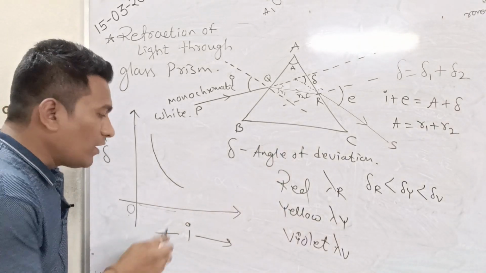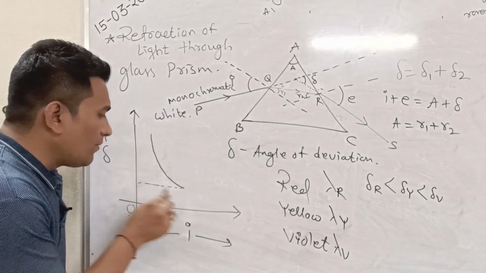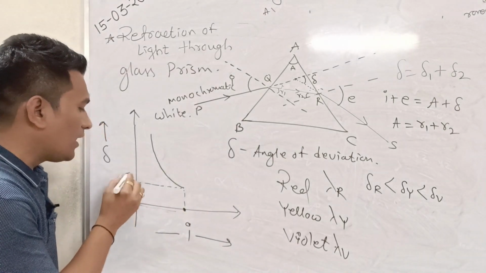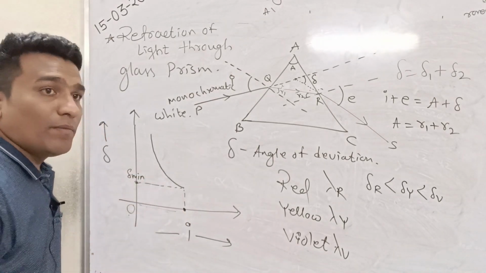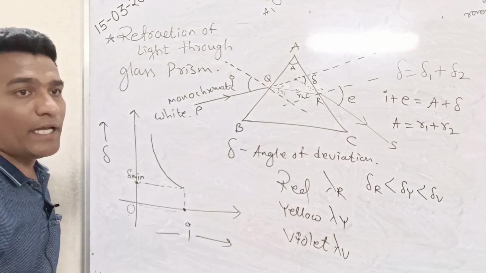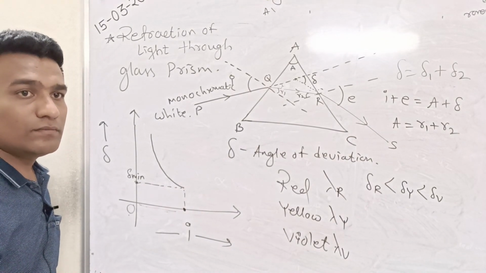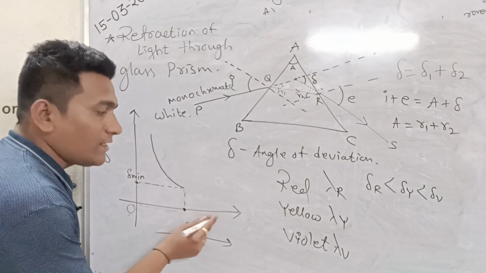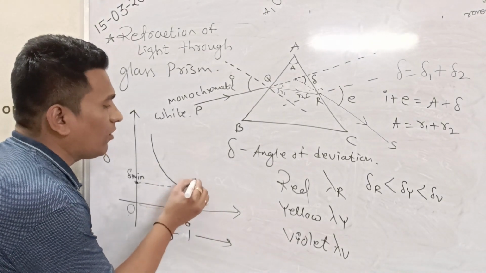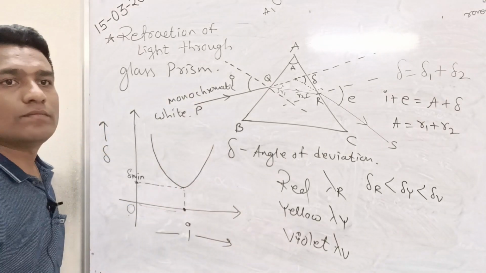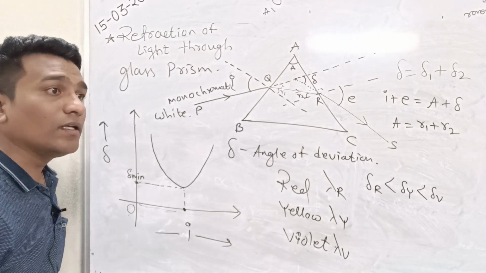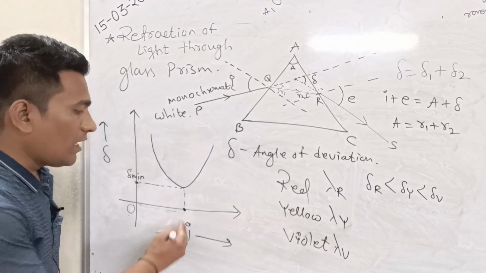There is one point where it becomes minimum. At a particular angle of incidence, the angle of deviation becomes minimum. That minimum deviation is called the angle of minimum deviation. And further, if we go on increasing the angle of incidence, the angle of deviation goes on increasing.